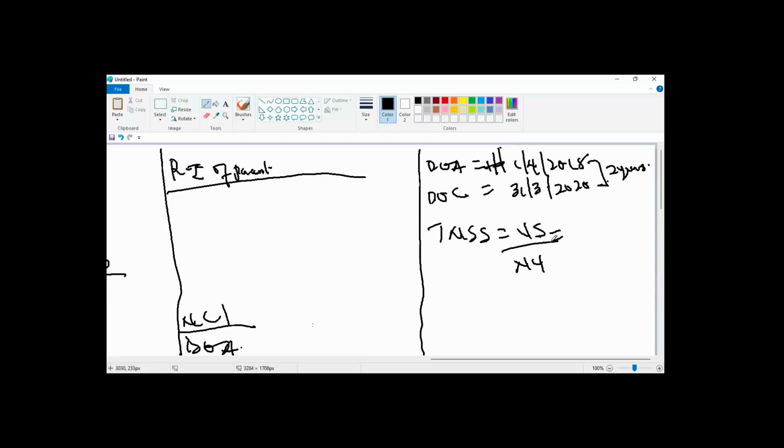Let's check. 16,500. What is the nominal value? 10 naira. So naira cancels naira. So it is 1,650 at 10 naira. These are 100%. How many does he acquire?